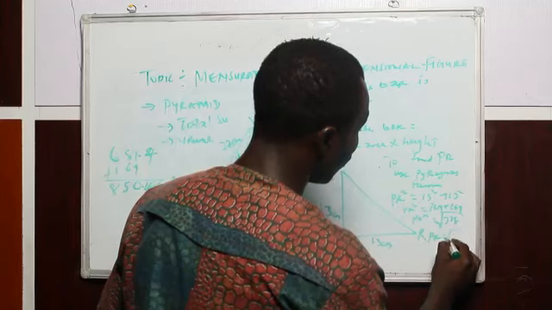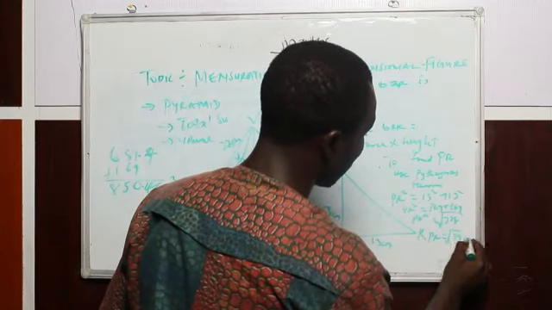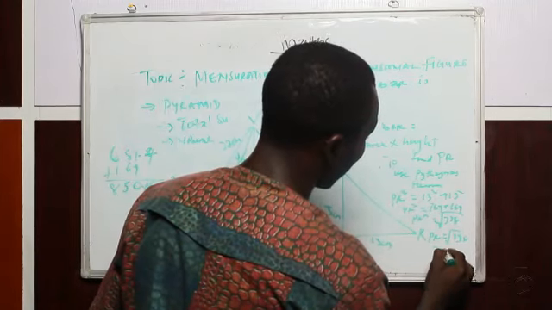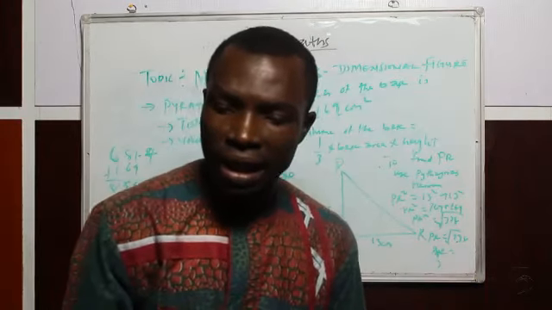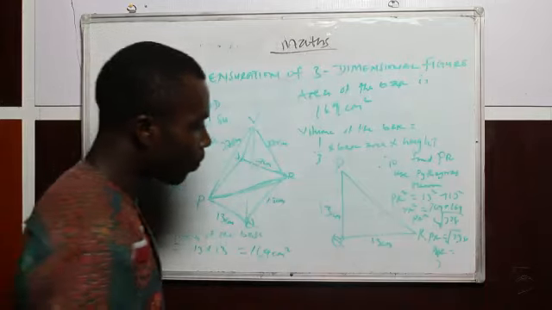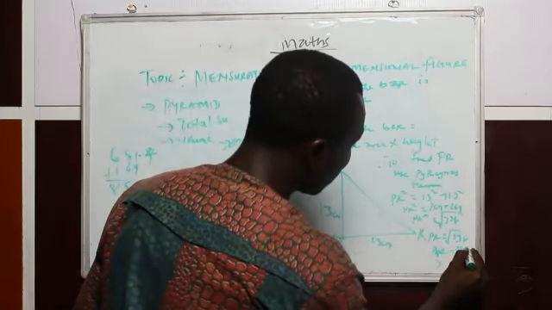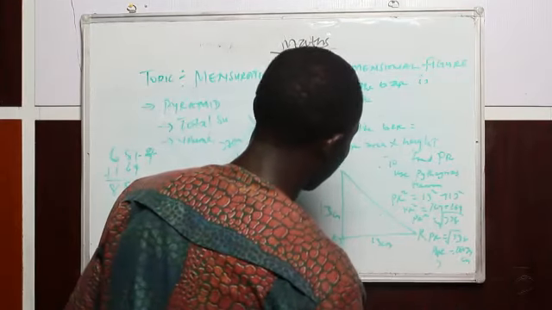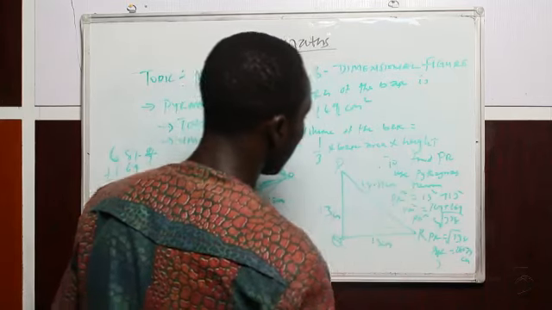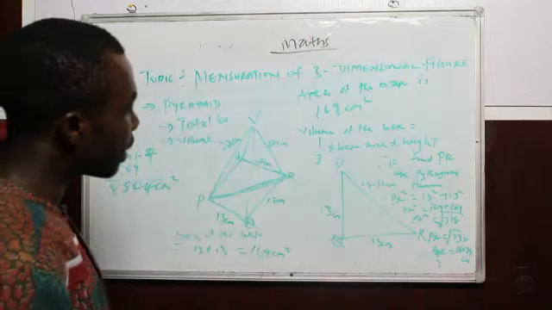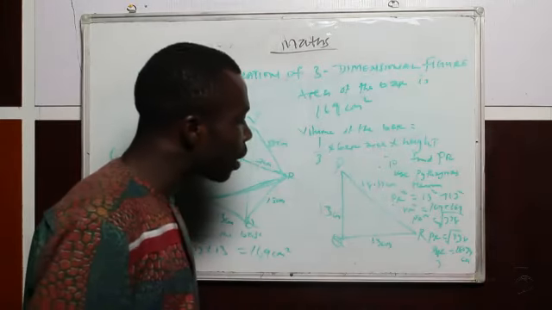PR is equal to root 338. And what is our PR? Root of 338, use your calculator to find it. The answer will give us 18.39 centimeter.